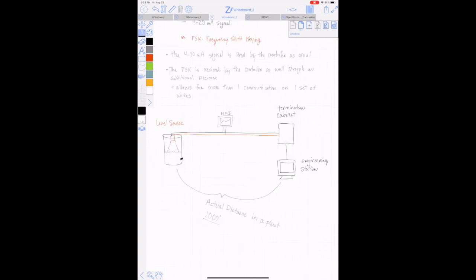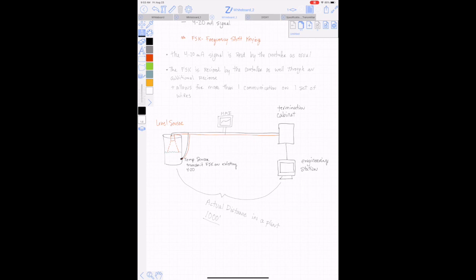So say we have a plant where we're measuring with the level sensor like we just looked at. Now with HART, we can add a temperature sensor, for example, of the same tank. And this temperature sensor can communicate via HART, or FSK, over the 4 to 20 milliamp loop of the level sensor.